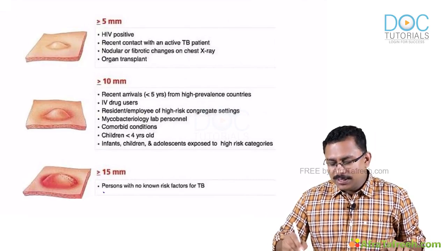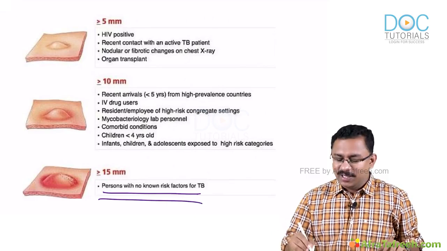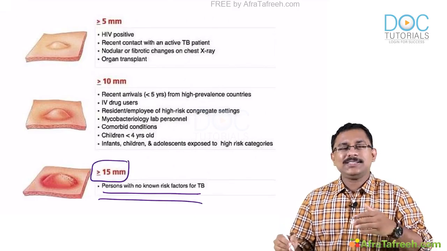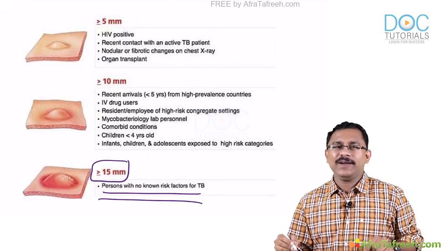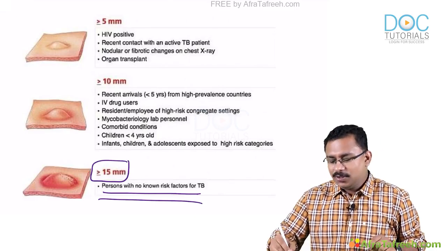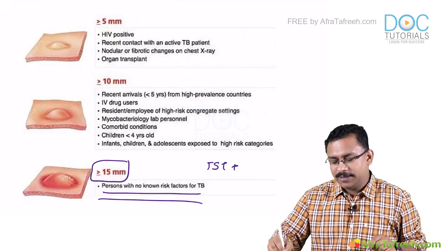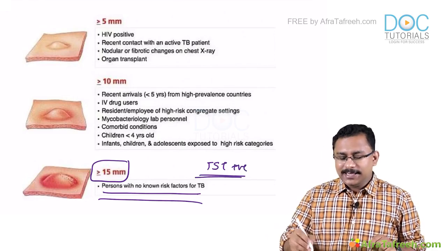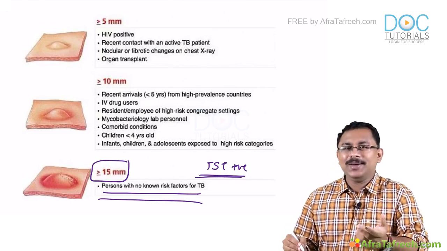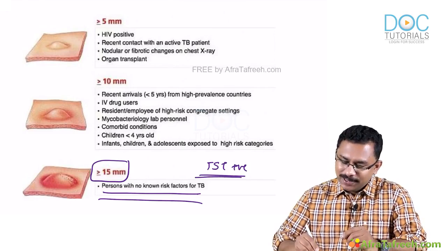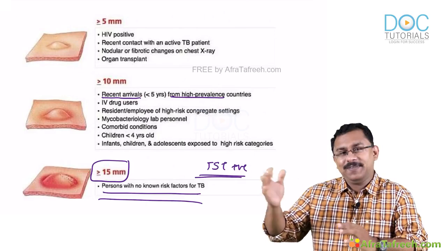See, in individuals who are not having any risk factors for TB, when the induration is more than or equal to 15 millimeter, that is 1.5 centimeter, you say that the tuberculin skin test is positive. Whereas for certain groups, when it goes above 10 millimeter, it is positive. What are they? Recent arrivals from high prevalence countries.